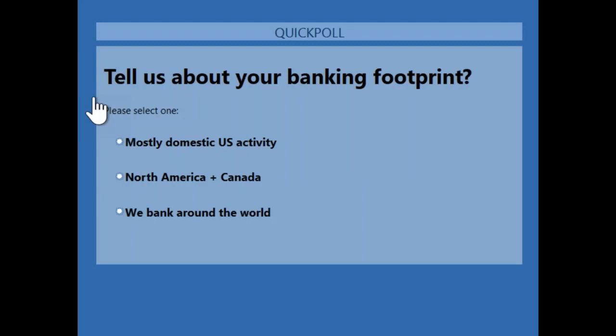Okay, so we'd like to know just a little bit about your banking footprint. Of course, our solution is a global tool, but we have organizations that are based in the US and using primarily domestic banking relationships, paying vendors via an ACH or a domestic wire. We've got some other organizations that have expanded into Canada and are primarily North American. And then, of course, we have organizations that really consider themselves multinational. They bank all over the world.